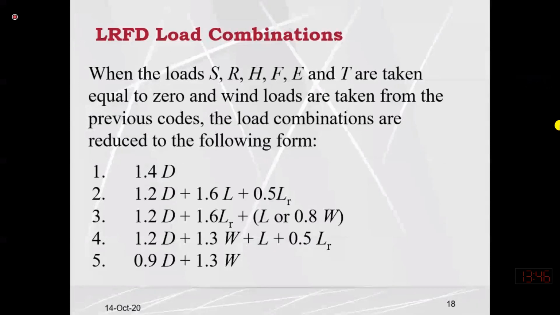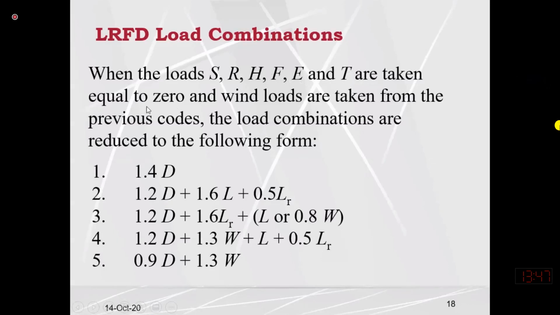So there are different types of load combination. For example, S is the snow load, H is the heat load, and there is roof live load. We might have fire load, earthquake loading, or any other type of temperature load.